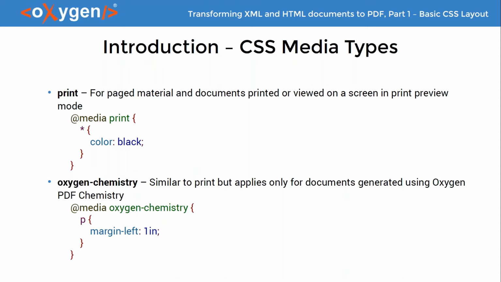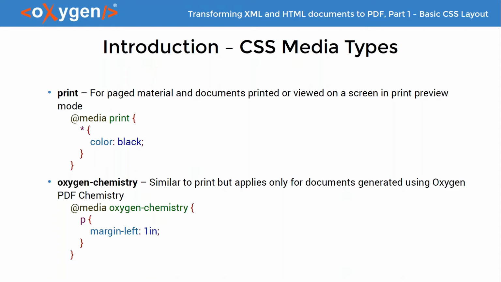Now we will continue to the CSS media types, especially the ones we support inside Oxygen and Oxygen PDF Chemistry. We support the print media, which normally includes all the rules you will apply on your page materials and your documents, whose scope is to be seen as a PDF, for example, or to be physically printed on paper. For example, if I want my whole document to be black, I will use the media print to define this.